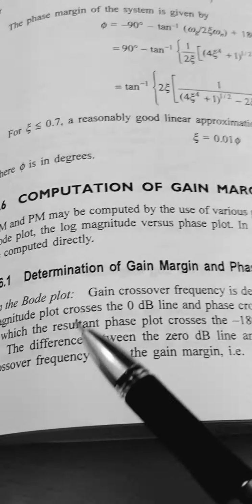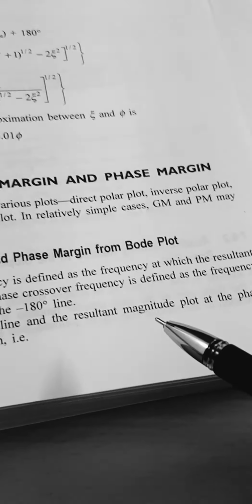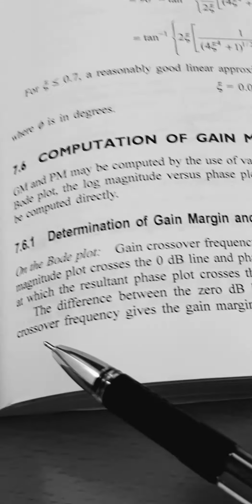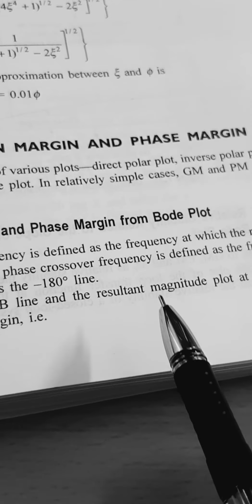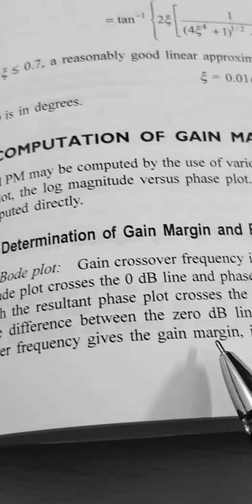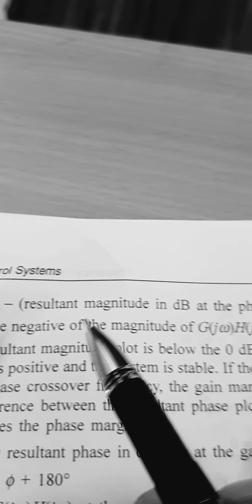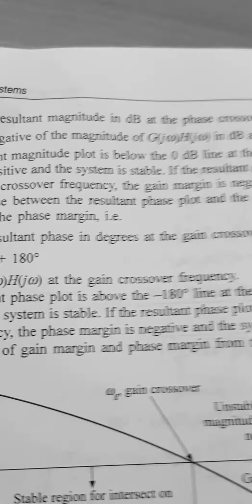The difference between the 0 dB line and the resultant magnitude plot at the phase crossover frequency gives the gain margin. Okay, and gain margin is 0 minus the resultant magnitude in dB at the phase crossover frequency.